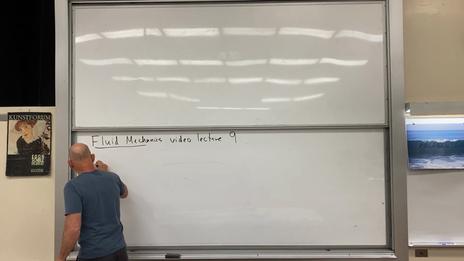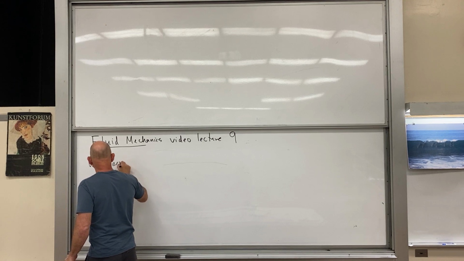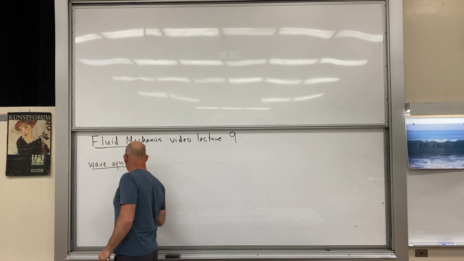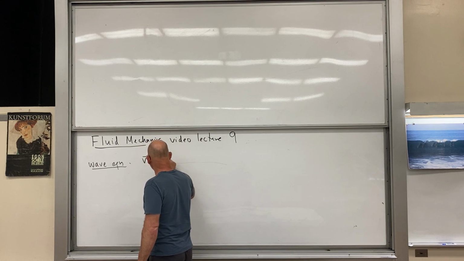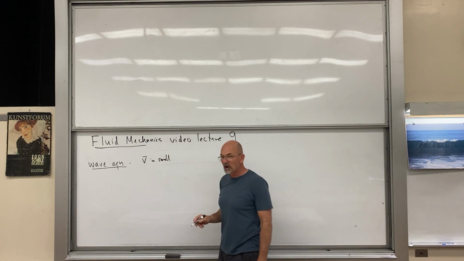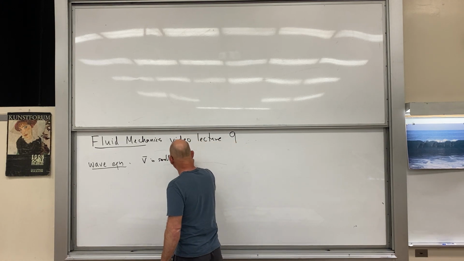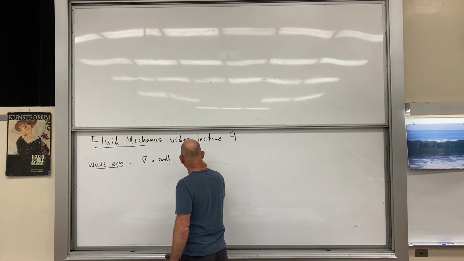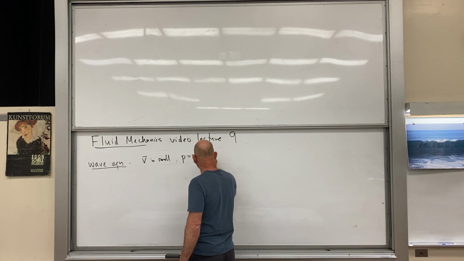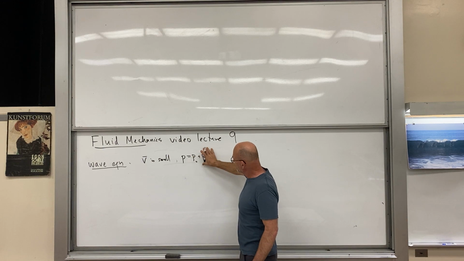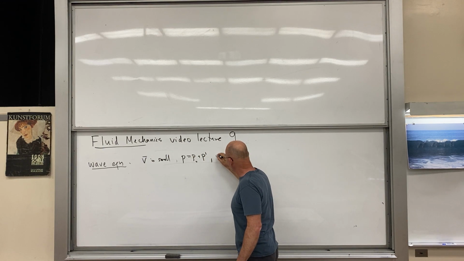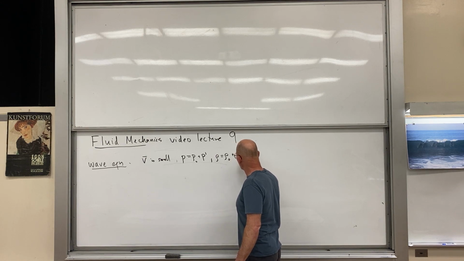So, to get to the wave equation, we had v is small. That allowed us to get rid of quadratic terms. We had pressure constant plus a small part here, and same for the density, constant plus rho prime.